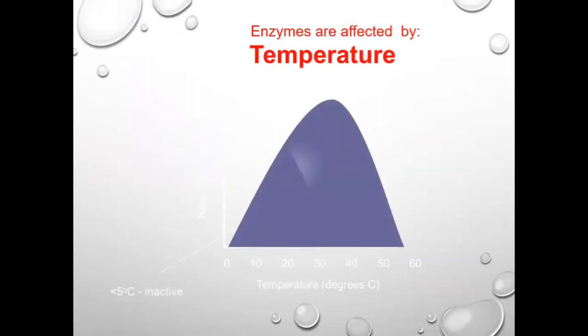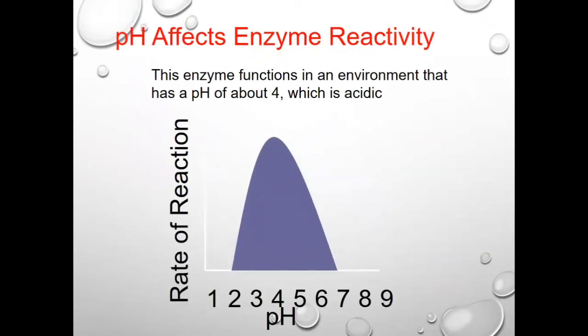Enzymes are affected by temperature. The enzyme functions in an environment that has a pH of about 4, which is acidic. So, ayan po yung enzyme rate. Itong graph na yan.